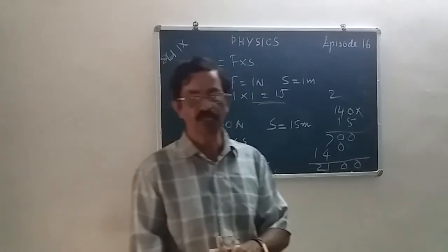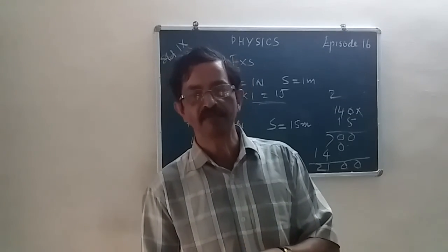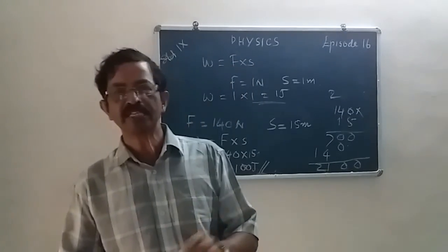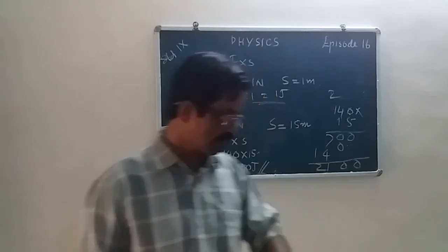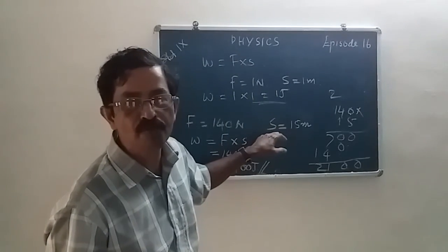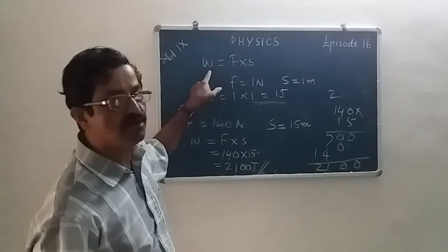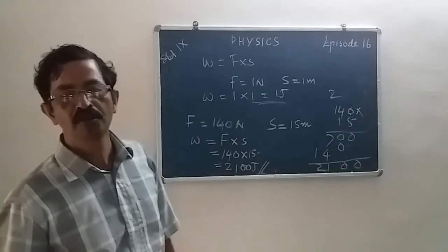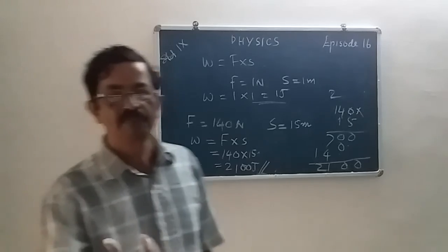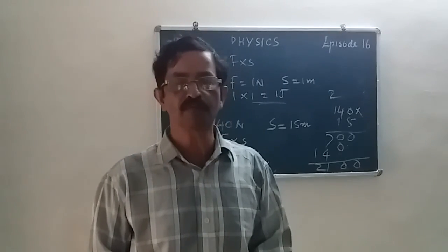Then work is positive, work is negative, and work is zero. Which is the relation used to calculate work? W is equal to F into S. And what is the unit of work?